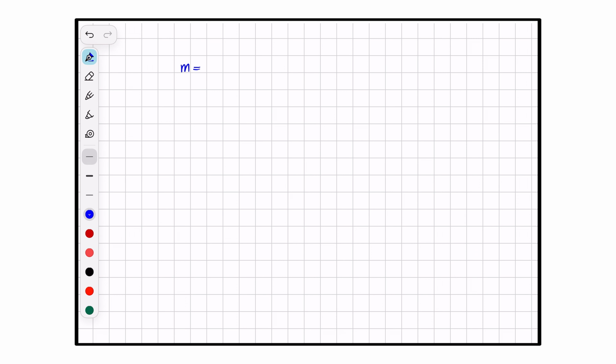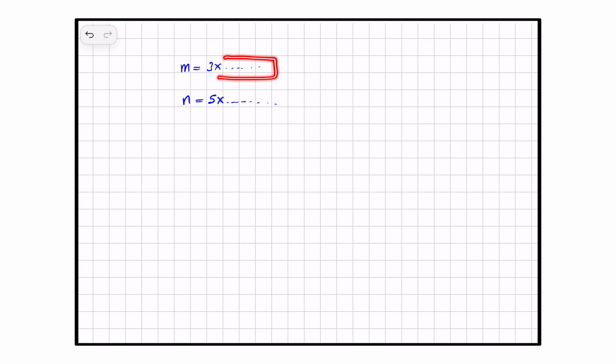So we can write m is equal to 3 into some numbers, okay? Similarly, n, it's given that 5 is the least prime factor, so I can write n is equal to 5 into some numbers.